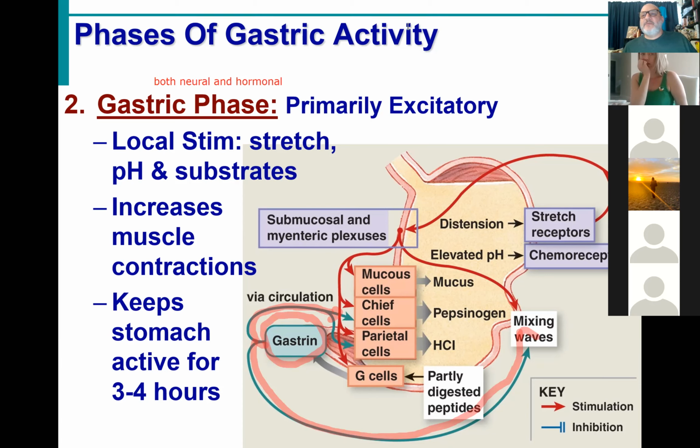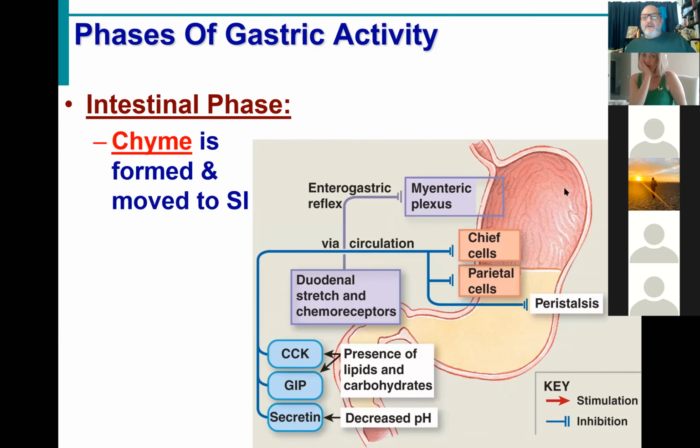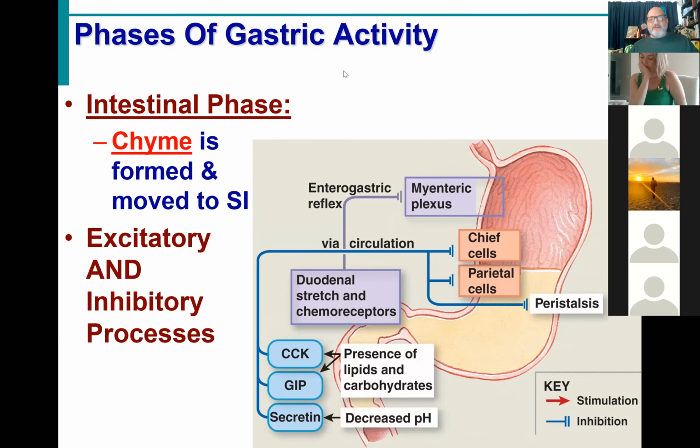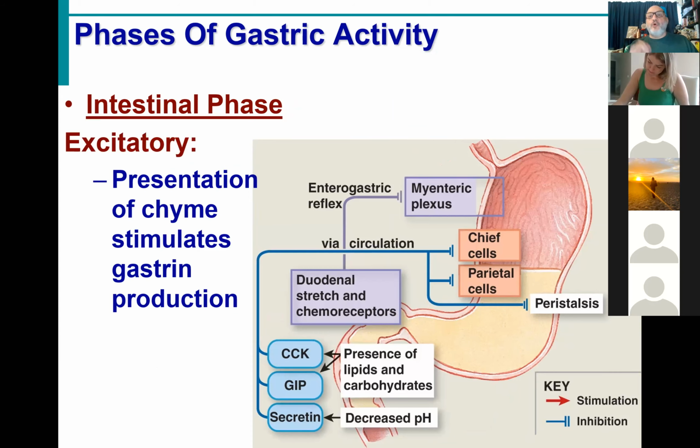Where things get a teeny bit trickier is when we get to the intestinal phase, because the intestinal phase has 2 parts to it. We have made that bolus into chyme, and we are presenting that chyme to the small intestine. In this case, our intestinal phase is going to be both excitatory and inhibitory. The excitatory phase is solely hormonal.